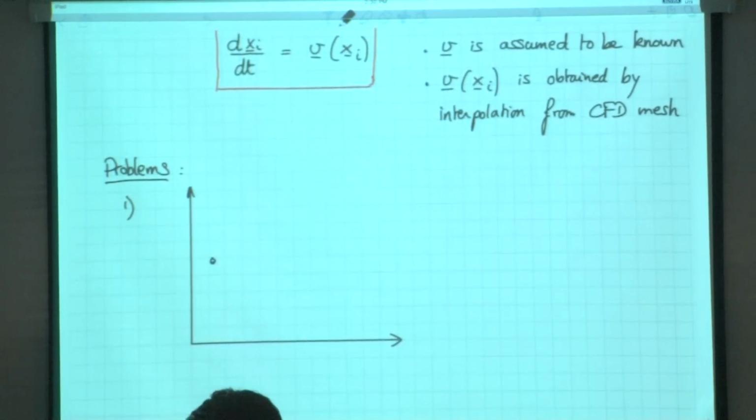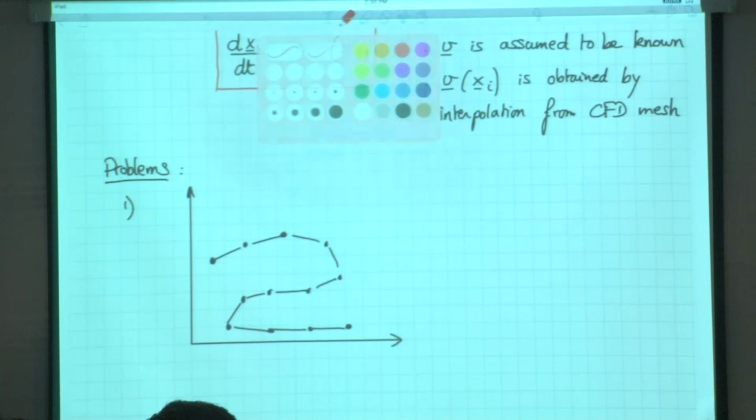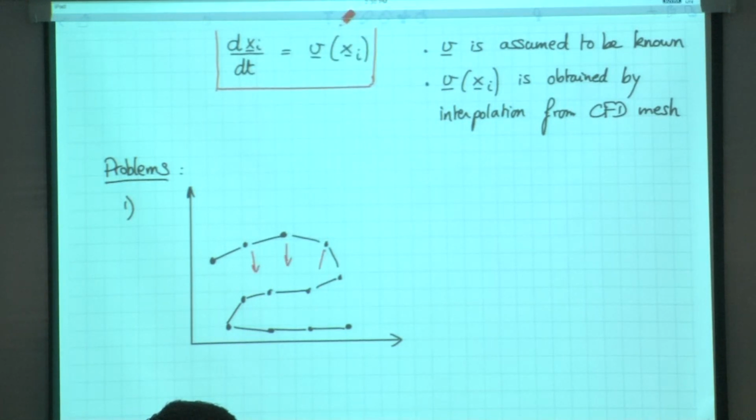One problem is, imagine, even still sticking to 2D, what if my collection of points gets curved like this, in a flow that forces those points to move downwards and those points to move upwards?